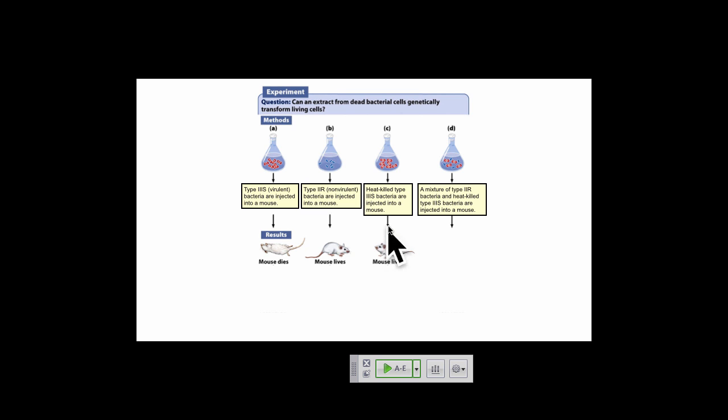Now you mix the dead virulent bacteria with the live avirulent bacteria, and the mouse is dead. Plus, when you do a necropsy, which is an autopsy on an animal, you get out virulent bacteria. So you had live avirulent bacteria, dead virulent bacteria, and somehow those avirulent bacteria were transformed into the virulent bacteria. He didn't know how that process worked. It was just a reproducible experiment. So that's how the term transformation came about.